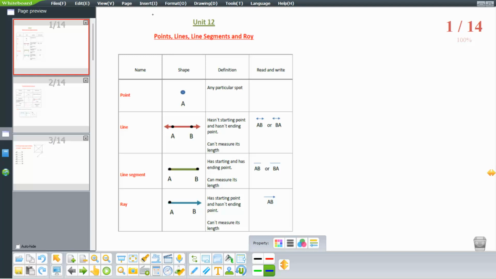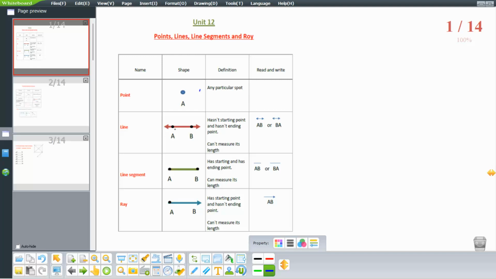Okay, the point is like this point. You draw a point, okay? It means any particular spot. And we also have the line. The line is like this, okay? We call this a line.